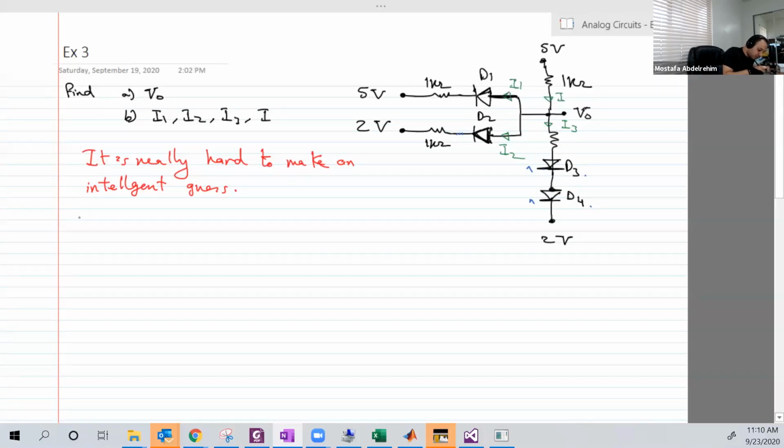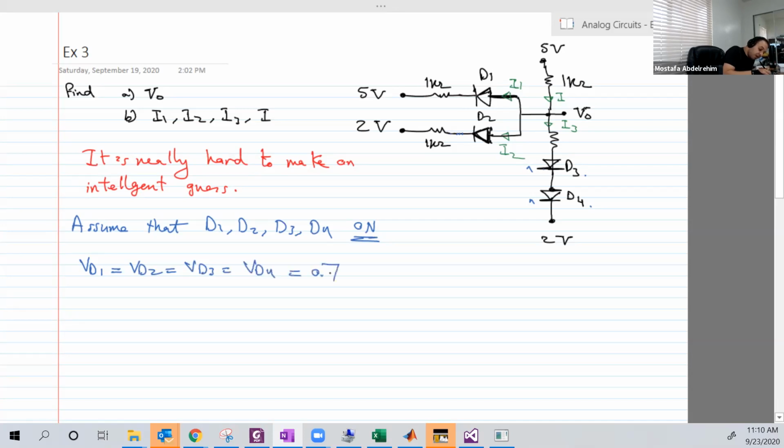Okay. So assume that D1, D2, D3, and D4 are all on. If all on, then VD1 equals VD2 equals VD3 equals VD4 equals 0.7 volt.